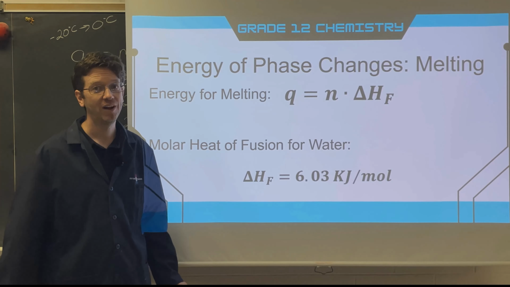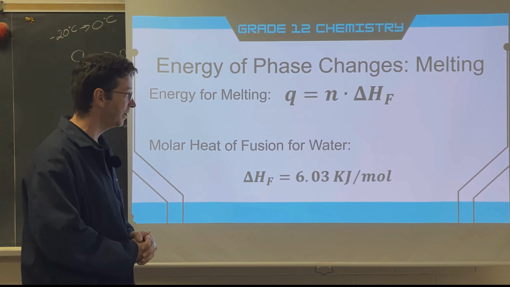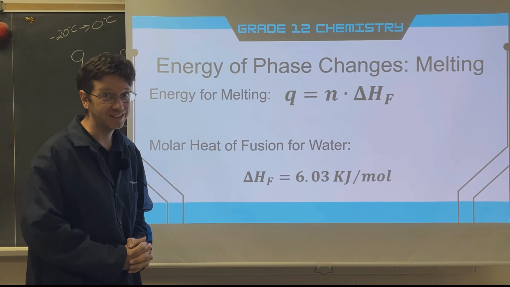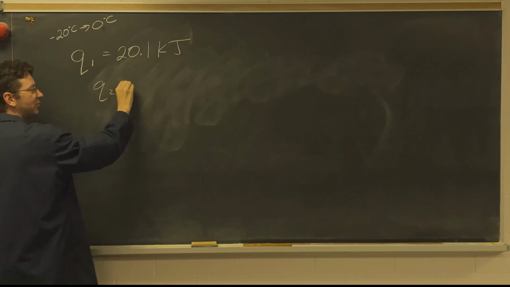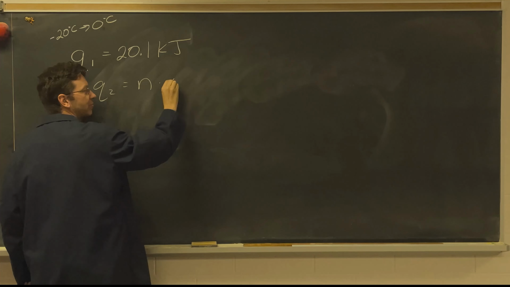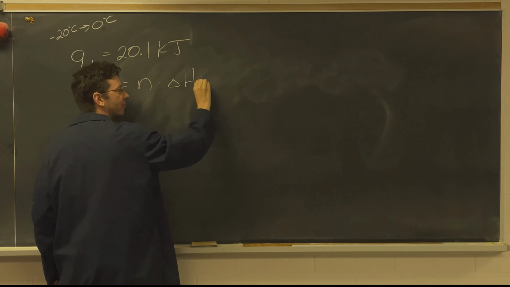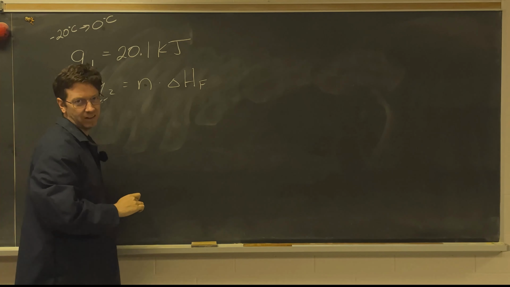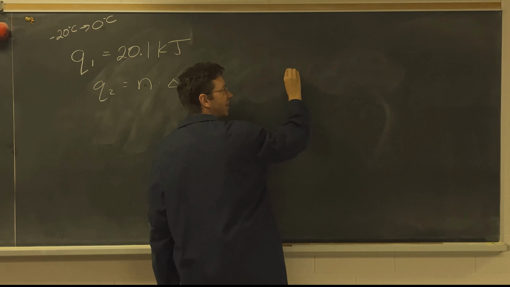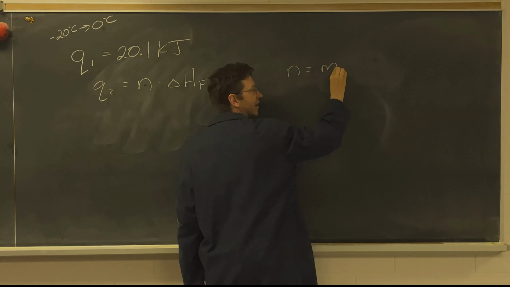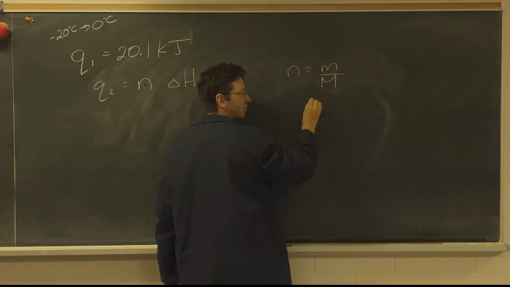So let's figure out how much energy it takes to melt 0.5 kilograms of water. So let's call this one Q2. So Q2 is n times molar heat of fusion. I don't actually know n. I know mass, 0.5 kilograms. So we're going to calculate n just to the side here. It's mass over molar mass.